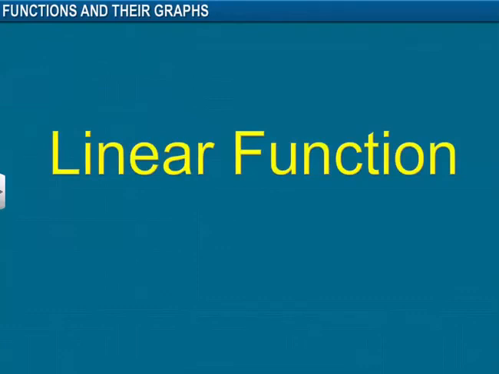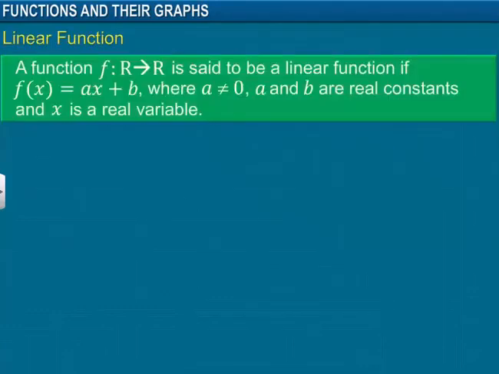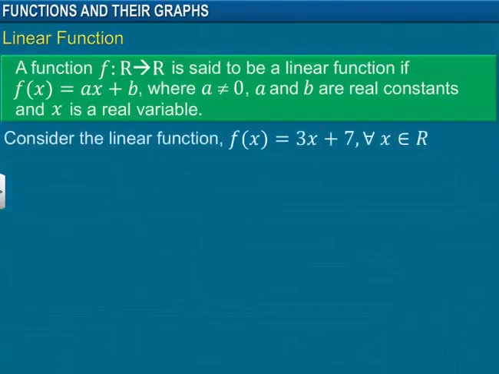Now, let's see what the graph of a linear function looks like. A function f from R to R is said to be a linear function if f(x) = ax + b, where a is not equal to 0, a and b are real constants, and x is a real variable. Consider the linear function f(x) = 3x + 7 for all x belonging to the set of real numbers.